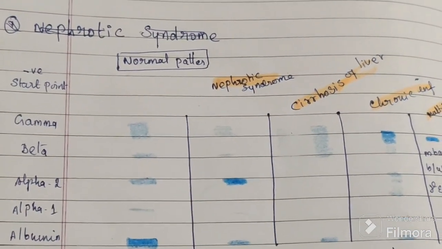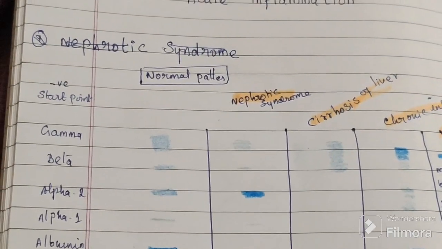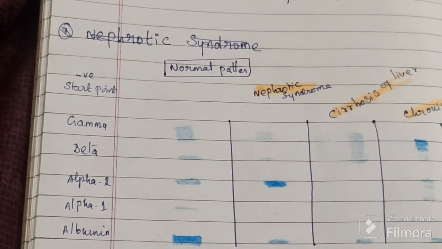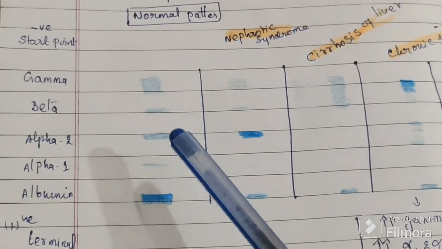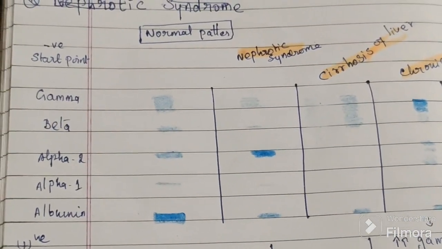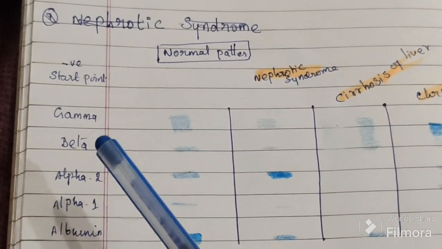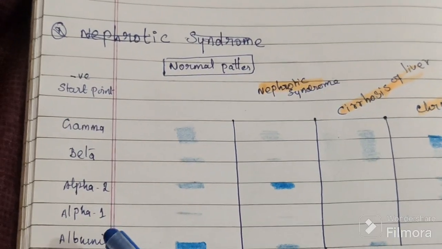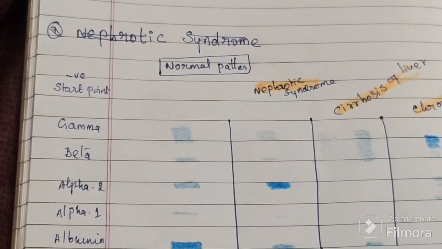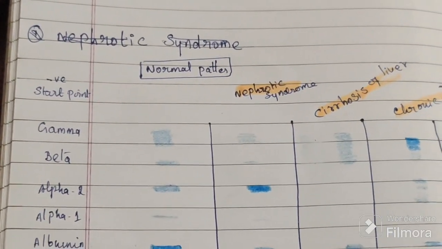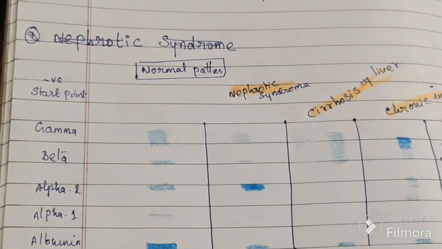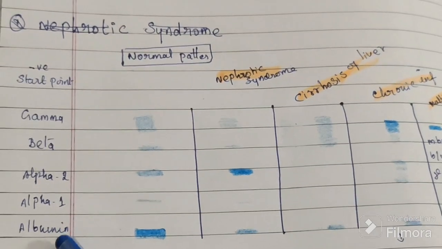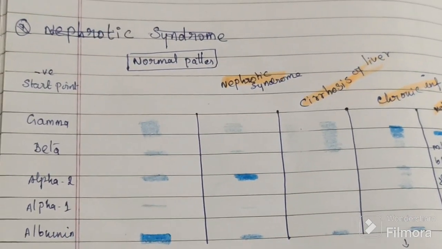Normal agar gel electrophoresis makes 5 different bands. From the starting point: gamma, second beta, third alpha 2, next alpha 1, lastly albumin. Albumin moves fastest from the starting point.